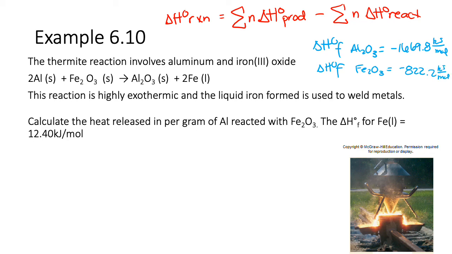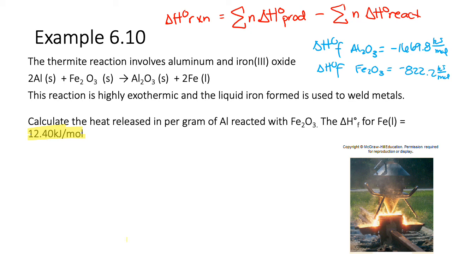I don't have to find the one for liquid iron because they were straight up nice and gave it to us. Why don't I need to find the value for the delta H naught of formation of aluminum? Because you have them in their standard state. So now we set it up.